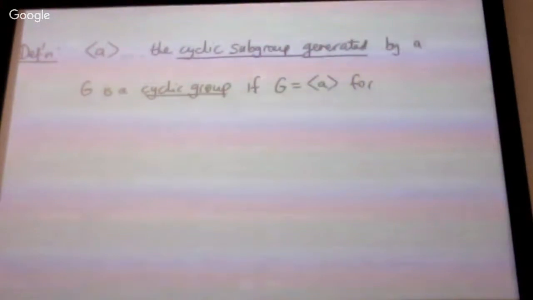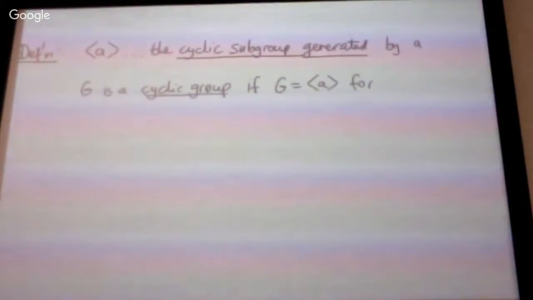So if I can take one element that generates the whole group, then it's called a cyclic group.